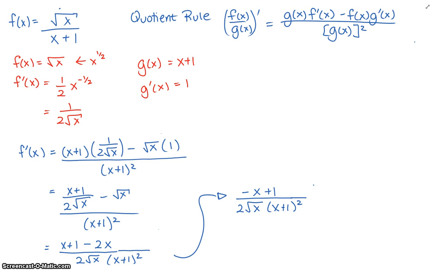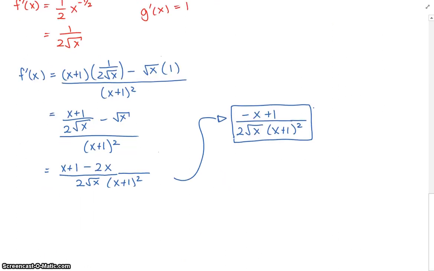So I've just done the work for you, and I've shown that it simplifies down to this format over here. So now I'm going to use this to find the second derivative. Now again, we're looking at a quotient rule.